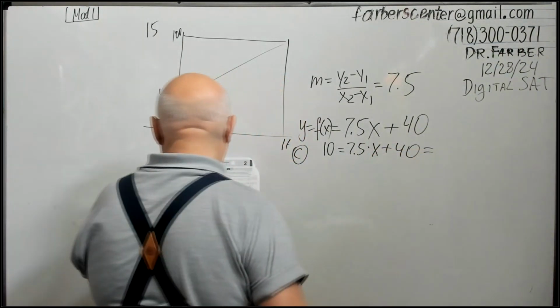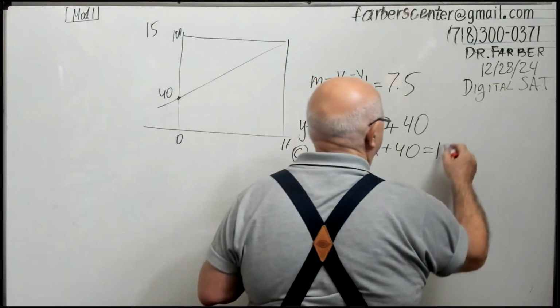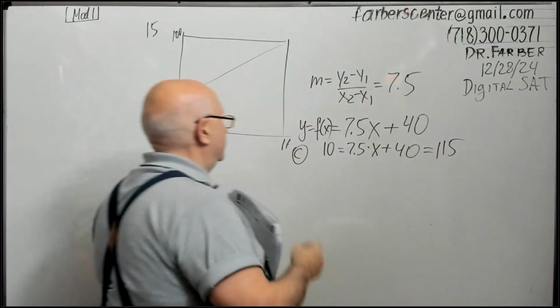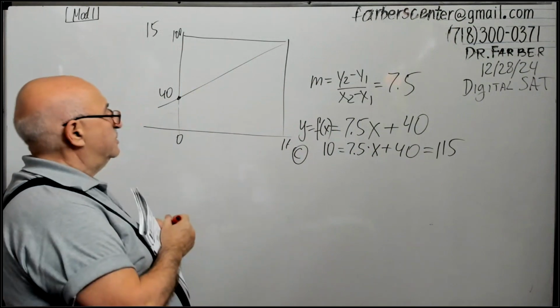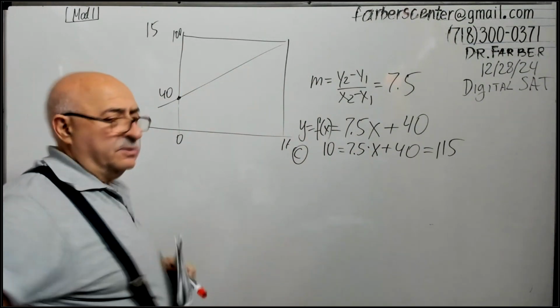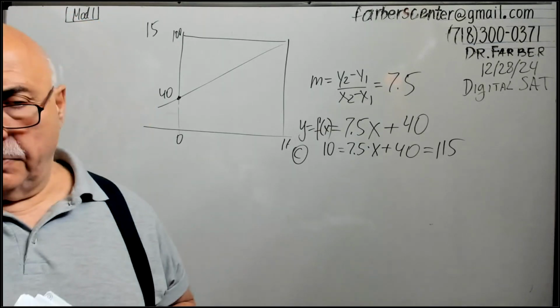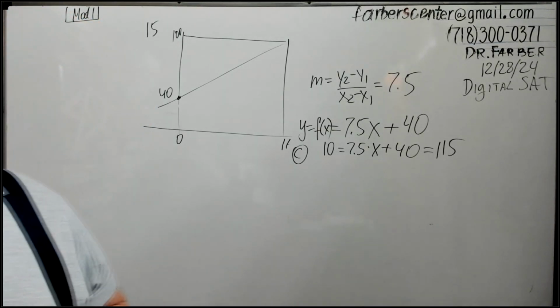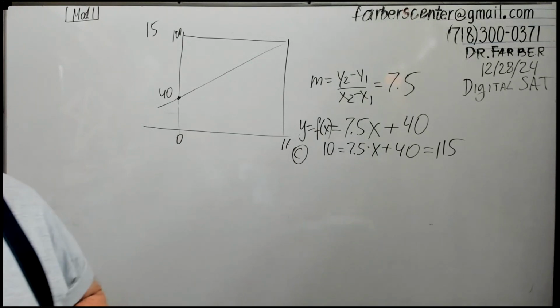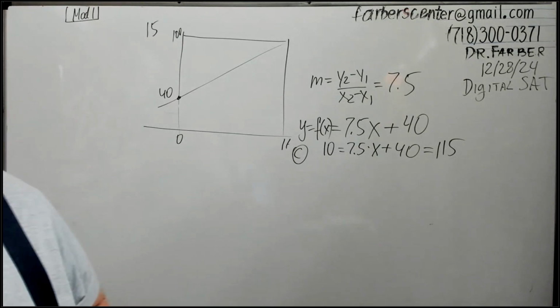Does it equal 115? Yes, it does. So if a point satisfies the equation of this graph, this is the answer. Who understands 100%? Good, good, good. What about Evelyn? Not difficult.